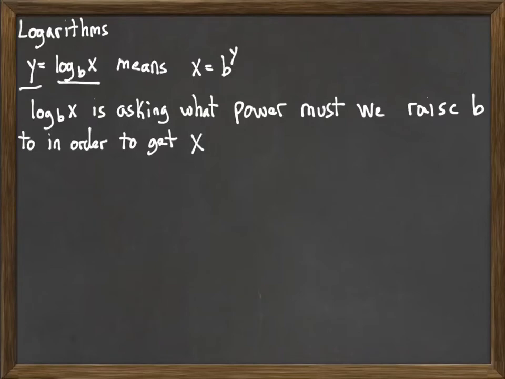If that's equal to y, then b to the y is equal to x. And so a logarithm is asking the simple question, what power must I raise the one thing to in order to get the thing on the inside?